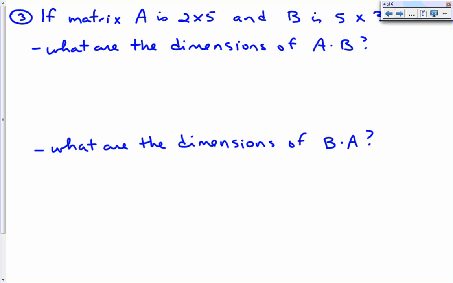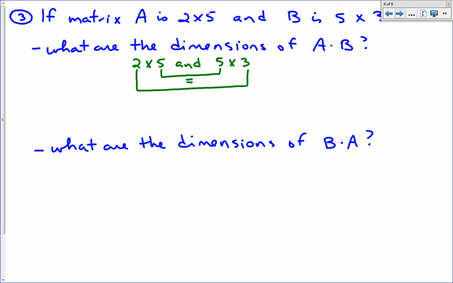And then we'll also look at what happens if I reverse my multiplication and do B times A. So let's do the first one where we have A and B. So put in order, write out their dimensions. So A is a 2 by 5 and B is a 5 by 3. Okay, the columns of A match the rows of B. They're equal to each other, so that's good. Our product will be a 2 by 3.